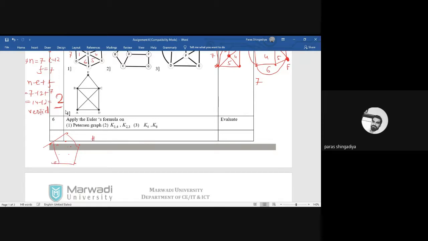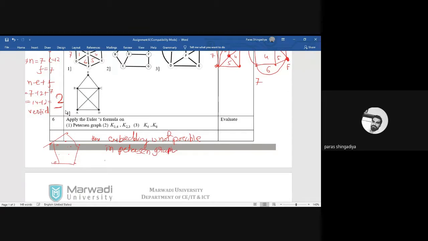Here embedding is not possible in the Petersen graph, because the Petersen graph is non-planar and it is not possible to make it planar.